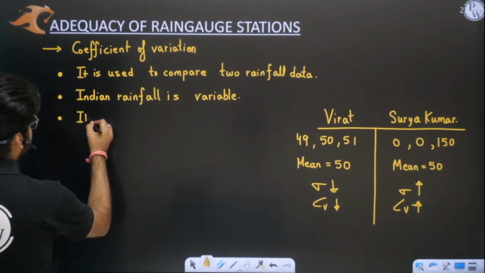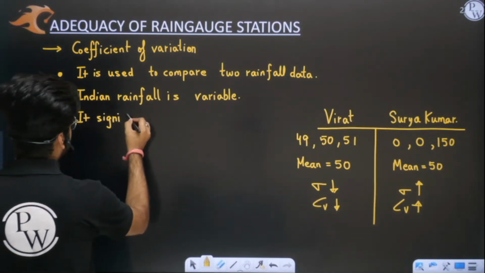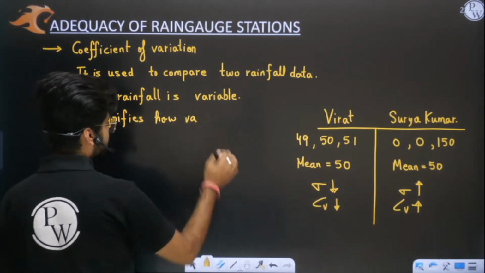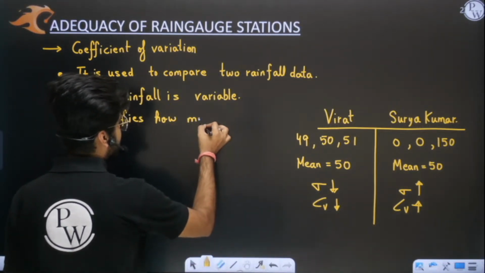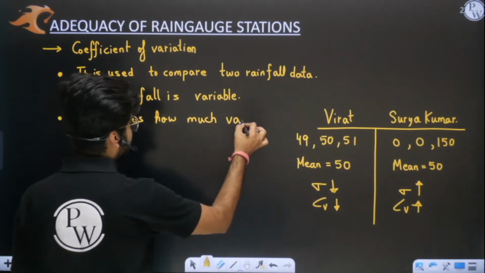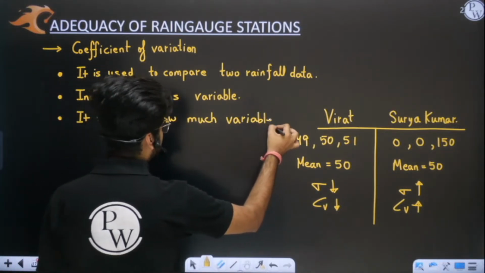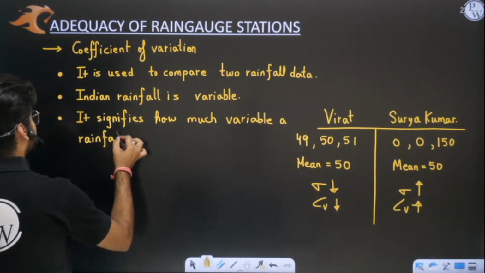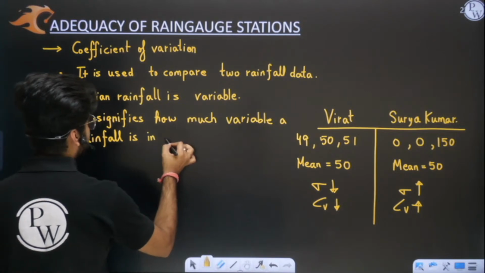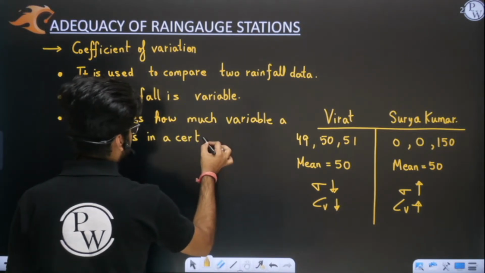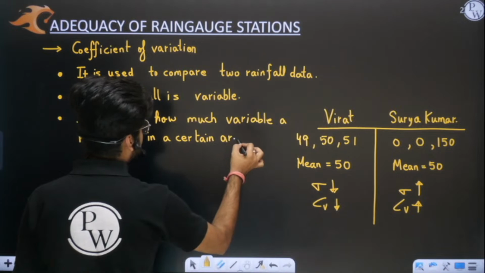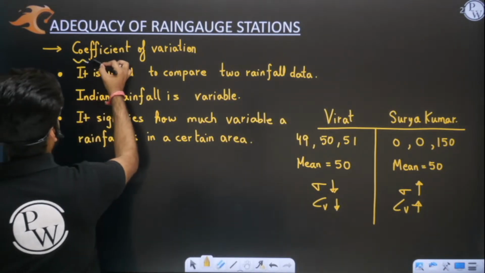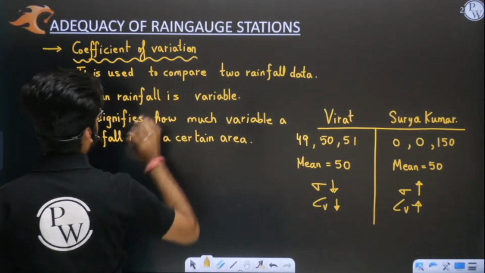It signifies how much variable rainfall is in a certain area. Okay, so this is your coefficient of variation. So I hope this is very very clear to you.